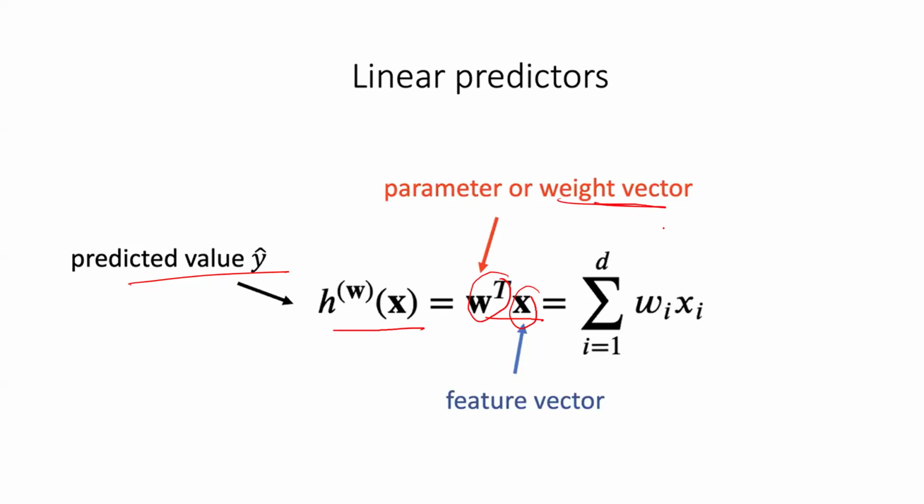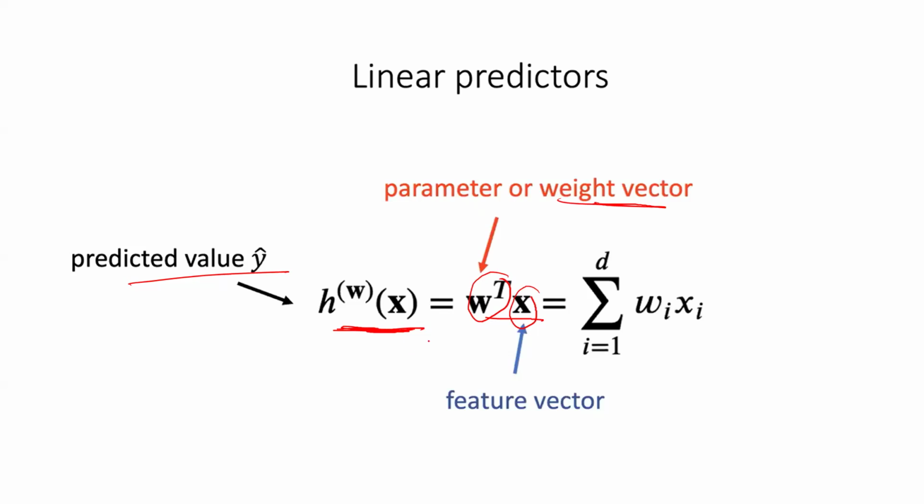When we apply multiple weights with respect to the input, what we get is h_w of x. The same thing is applied to the hidden units in the hidden layer.